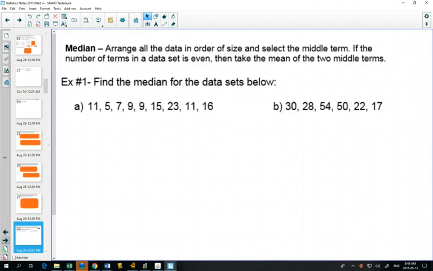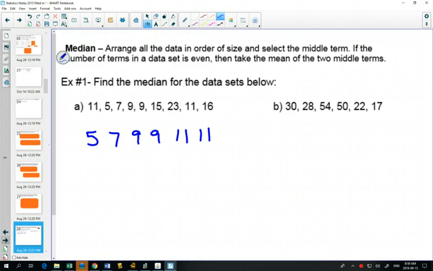So the median is the term right in the middle. And so the first thing we need to do is rearrange our data. One thing I do when I rearrange my data, I put all my data points down, rearranging them in order as I saw them, hoping that I didn't miss a value.